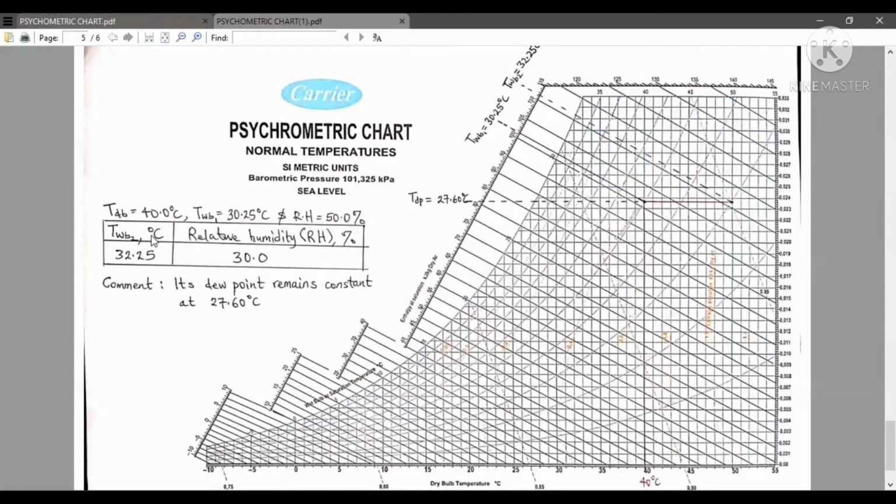And then we are asked to read off the new wet bulb temperature and the new relative humidity when the air is adiabatically saturated.